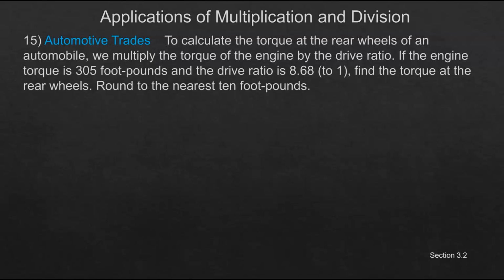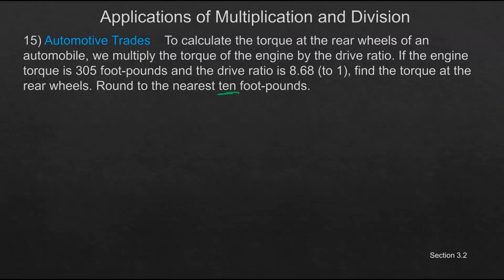If the engine torque is 305 foot-pounds and the drive ratio is 8.68 to 1, and we don't have to do anything with that to 1, that's just a ratio. Find the torque at the rear wheels, round to the nearest 10.